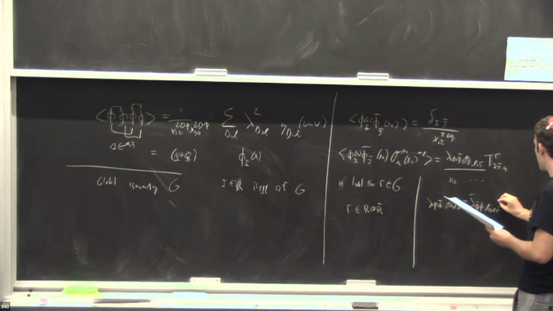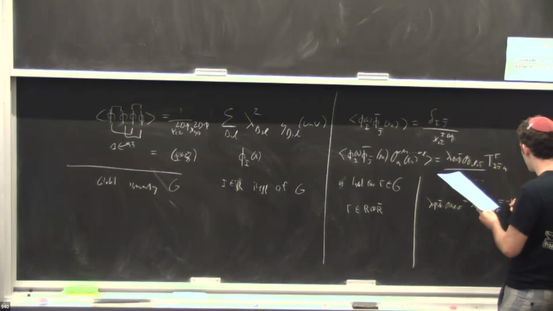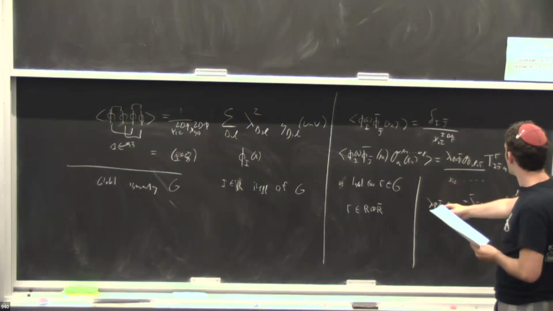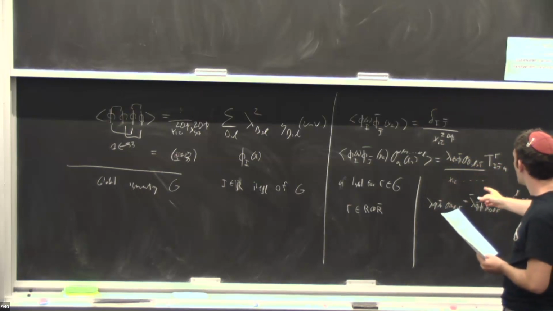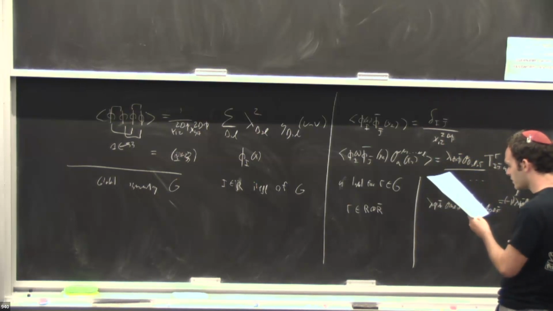You could then rearrange these labels. Instead of having phi bar phi, you could put, at the cost of a (-1) to the spin factor, lambda phi phi bar O delta L r bar. This is a reality property that these OPE coefficients satisfy when you have a general global symmetry.